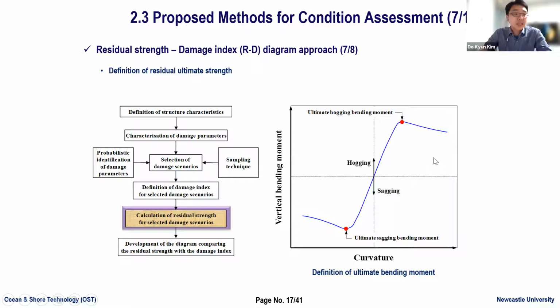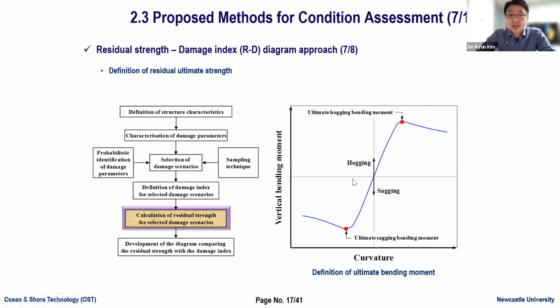In the vessel structures, it's like a simple beam, and it is subjected to vertical hogging and vertical sagging bending moments. So we need to check the ultimate hogging bending moment, as you can see here. And at the bottom, you can see the ultimate sagging bending moment. So in total, 50 times 2 cases in terms of hogging and sagging.